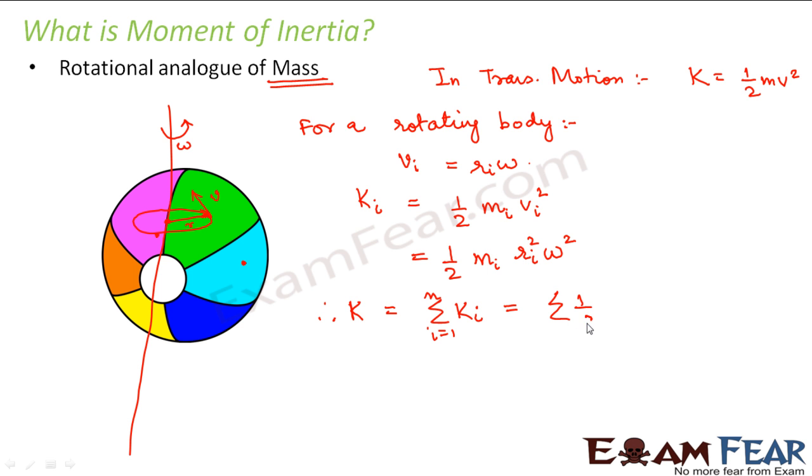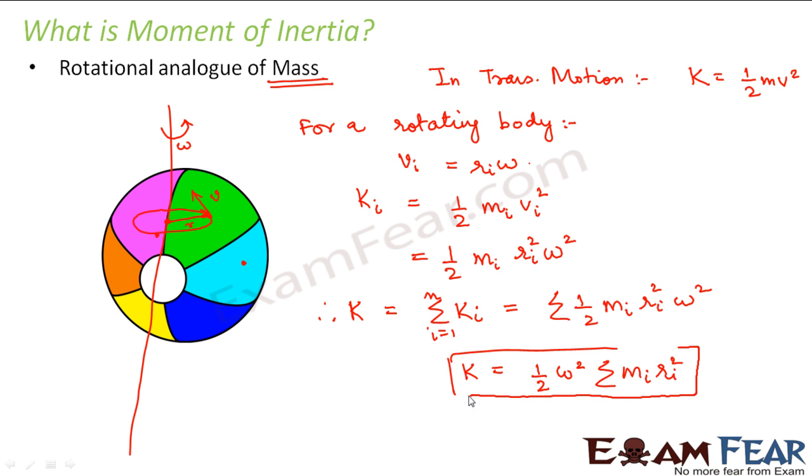So this will be the summation of half mi Ri square omega square. Therefore, kinetic energy is equal to half omega square times the summation of mi Ri square. This is the expression we get for kinetic energy in the case of a pure rotational motion.